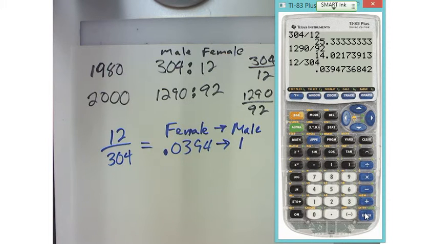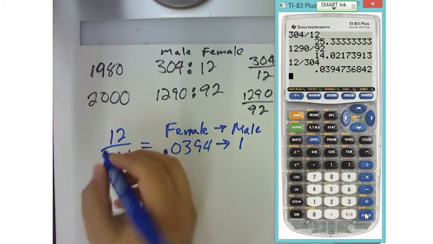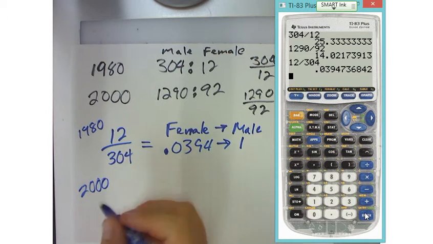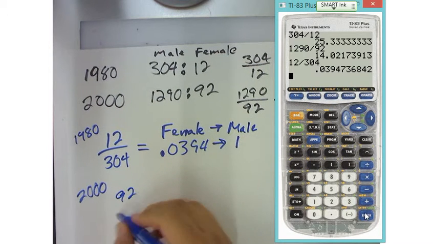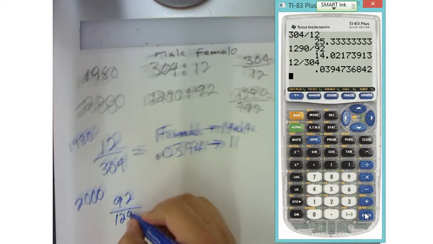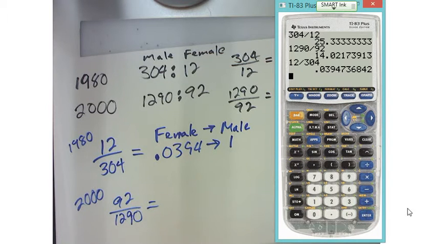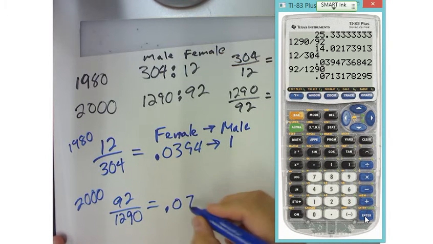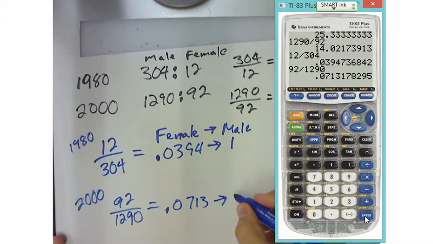Does that make sense? So it's roughly about 4% of the population is female. Now, that's 1980. If I do the year 2000, I'm going to have 92 females to every 1,290 males. And if I reduce that, in other words, 92 divided by 1,290, I get 0.0713 to every 1 male.